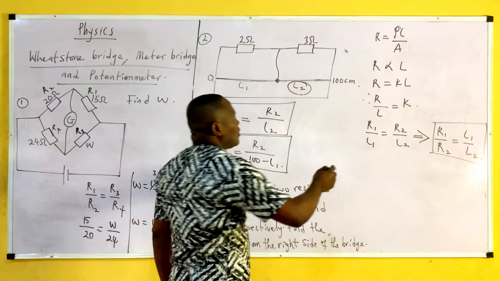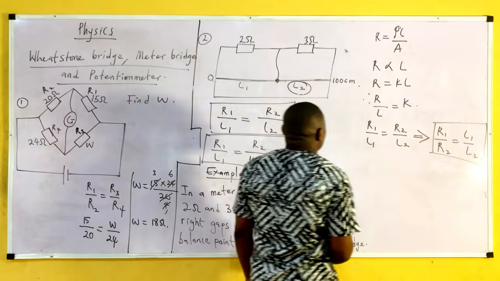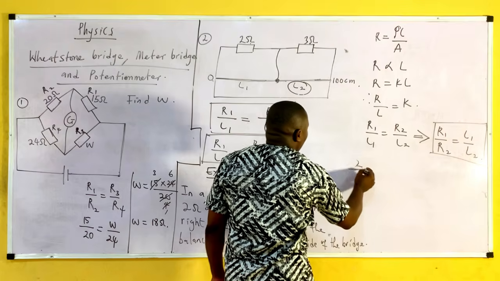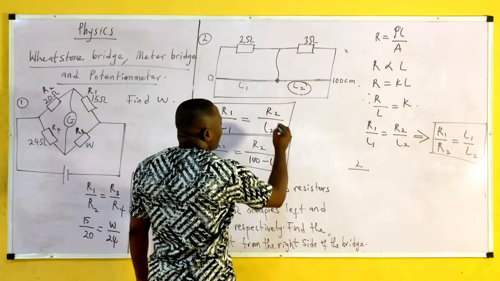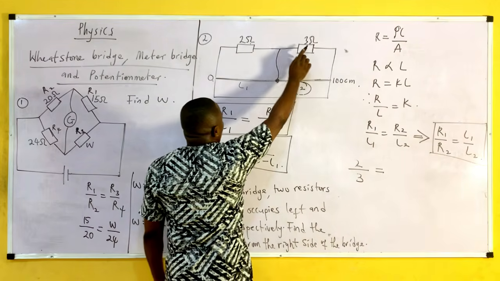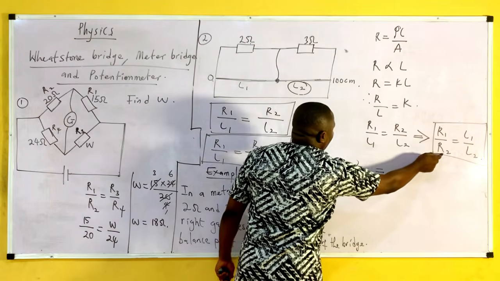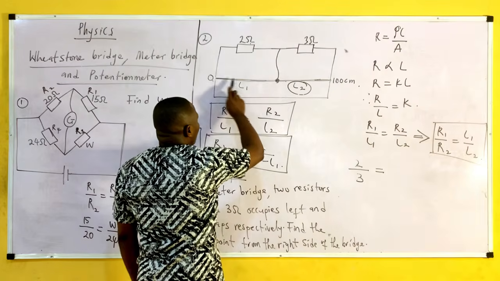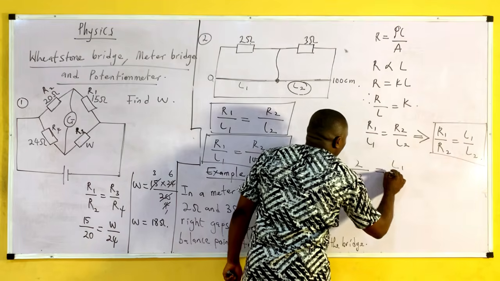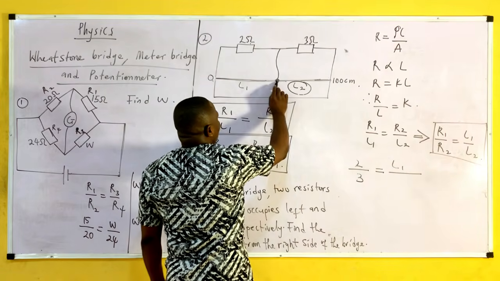Which formula will I use to solve? Let me use this formula. What's my R1? My R1 is 2 and my R2 is 3, so R1 over R2 is 2 over 3. What is my L1? I don't know L1, so I will take it as L1 over, what is this point to this point?